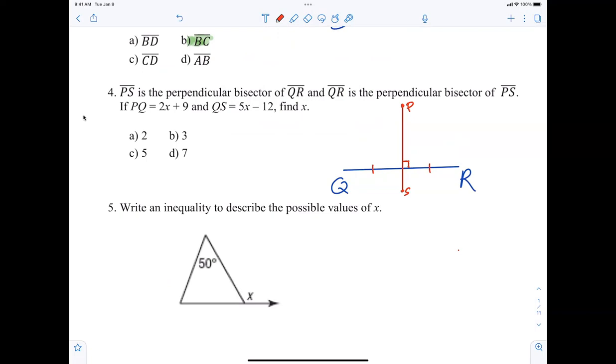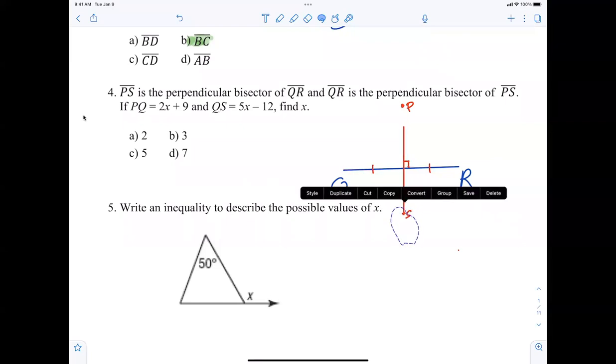So what's true about PQ and QS? PS is the perpendicular bisector of QR. Sorry, guys, I can't even read. It is the perpendicular bisector. So that is true. Does everybody see what I'm saying?